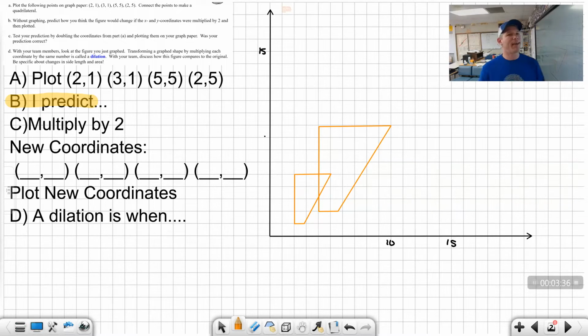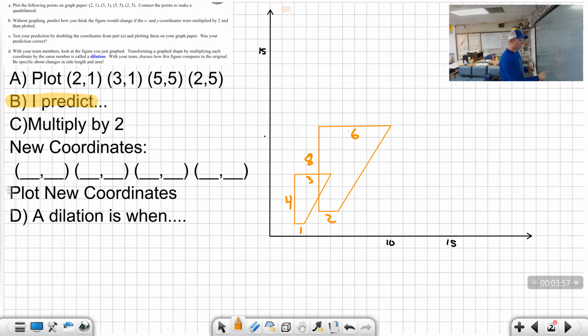Some people said it doubled in size. No, it did not double in size. It actually quadrupled in size. However, the side lengths did double. The side lengths doubled from 4 to 8, from 3 to 6. You can see how some of these side lengths did double.